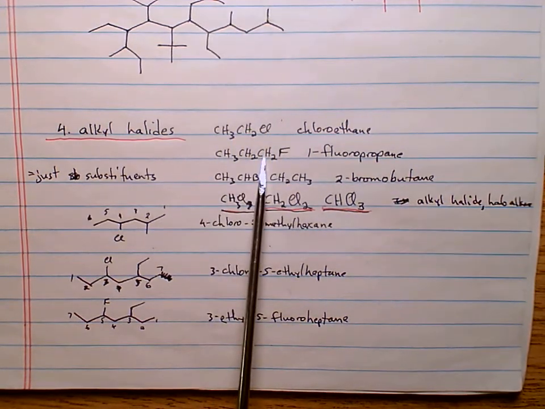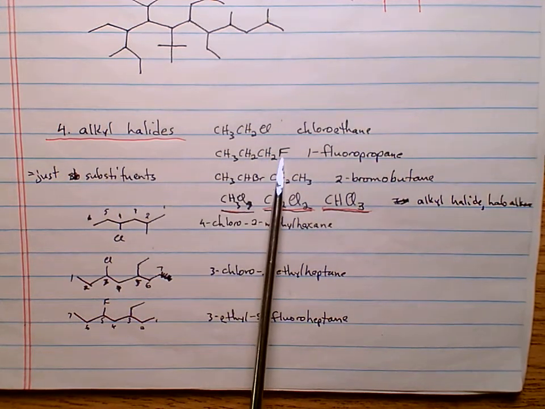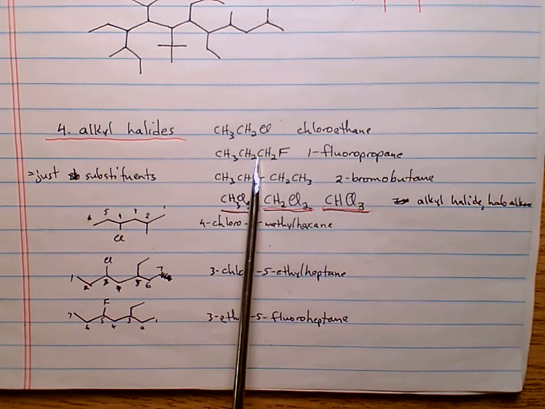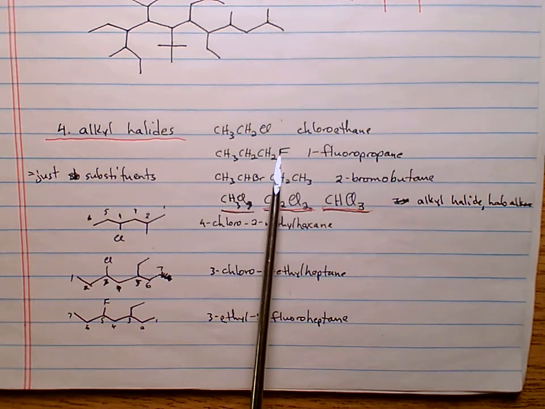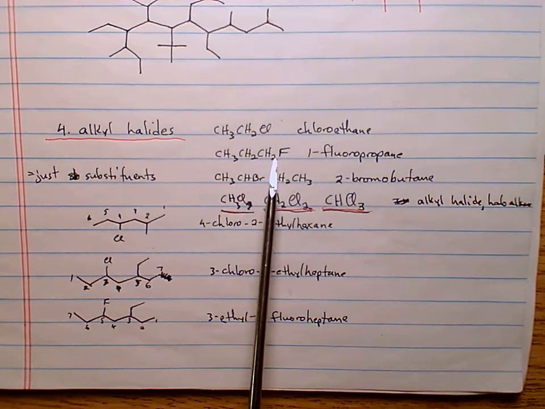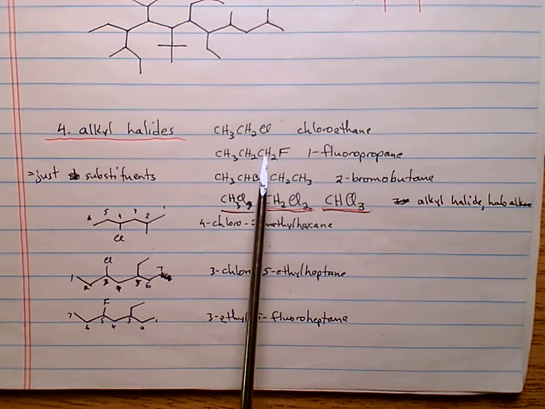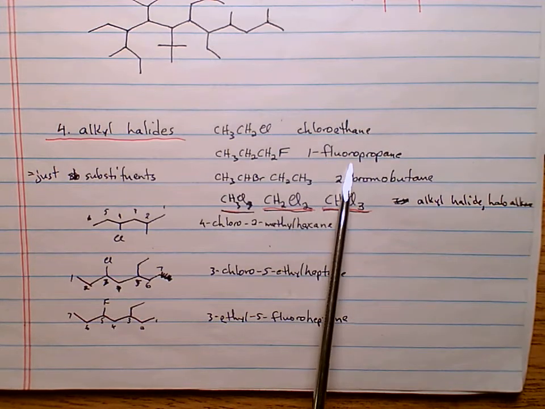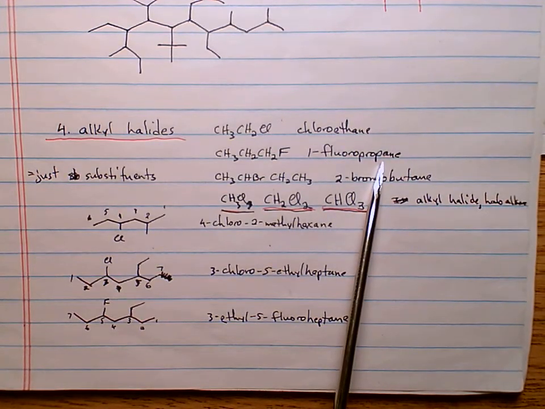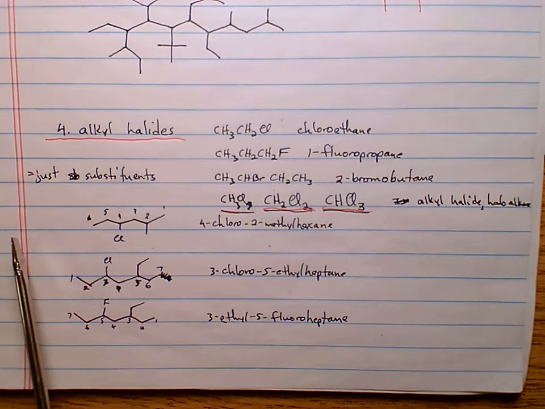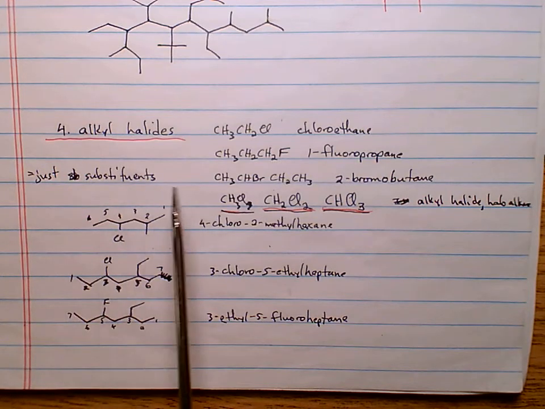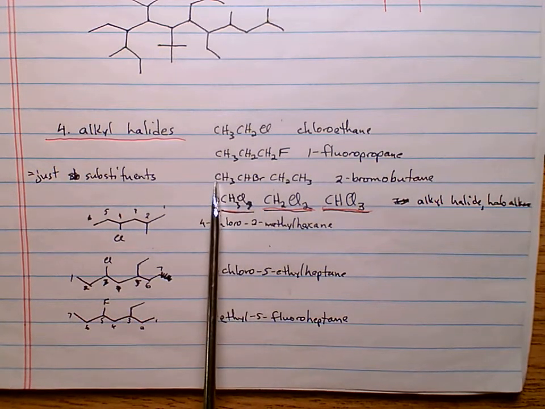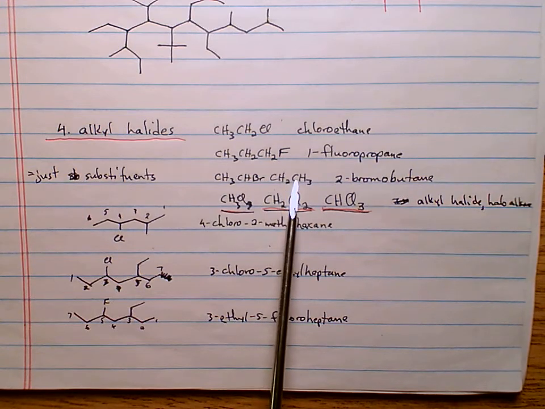But once you get three carbons with a fluorine on it, okay, 1, 2, 3 carbons in our longest chain. Let's call this carbon number 1 so that the fluorine branch is on carbon number 1. It's a fluoro group, so this is 1-fluoropropane. All right. 1, 2, 3, 4.